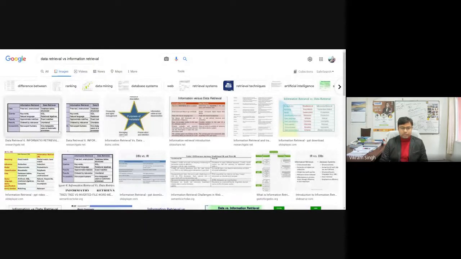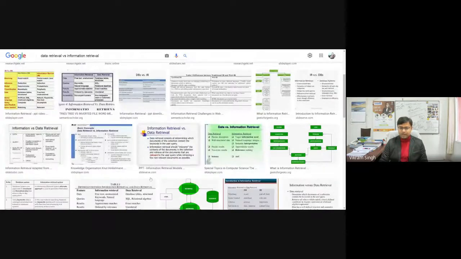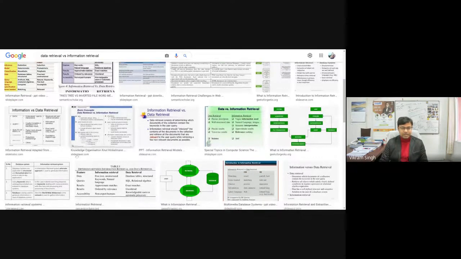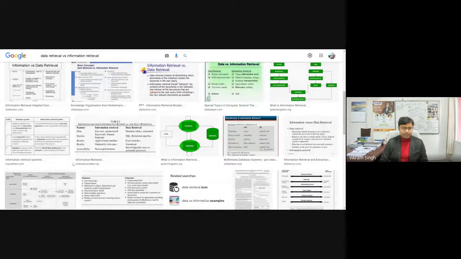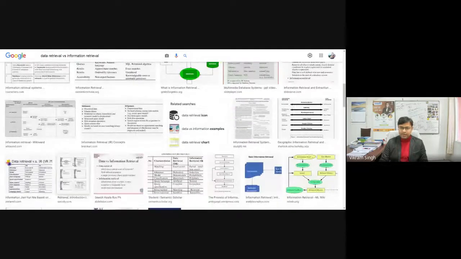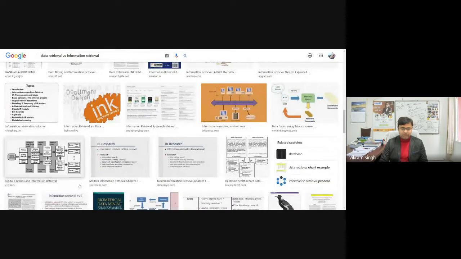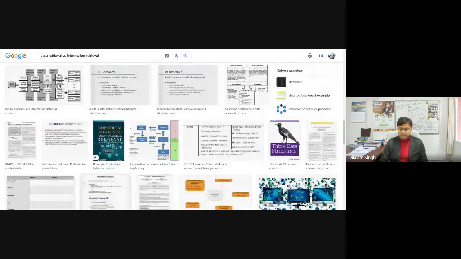So our objective is to see what the basics are. There are many figures appearing that compare data retrieval with information retrieval, and you can see there are many interpretations of it. Naturally, they come from different users or different documents, placed by different users on global platforms, on the internet, or in different repositories.